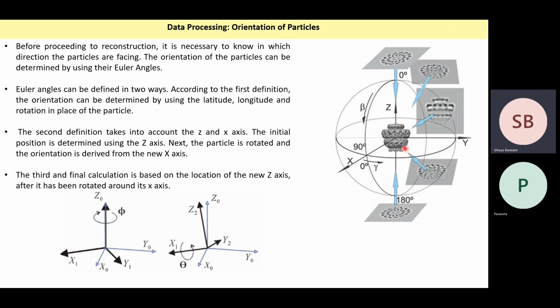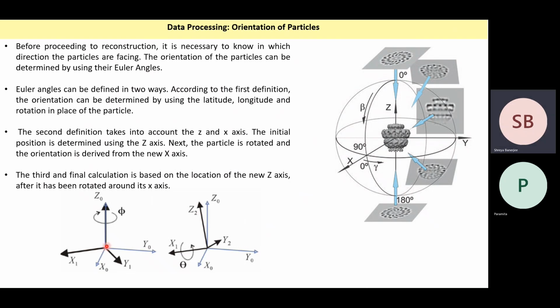So if we assume the initial particle to be at the origin, then this is the image from the top, this is from this side, this is from the x-axis. So different images can be obtained. And if we consider that particular latitude and longitude, we can describe from which particular angle the image is being taken.